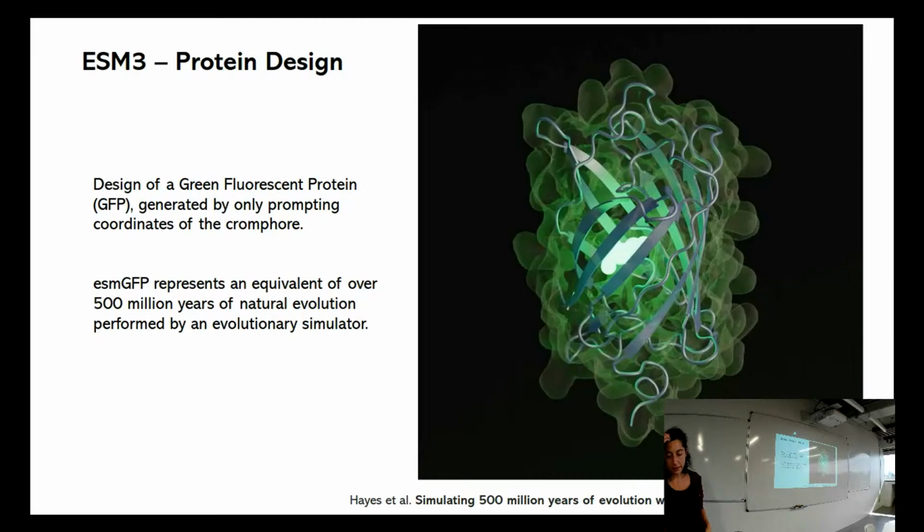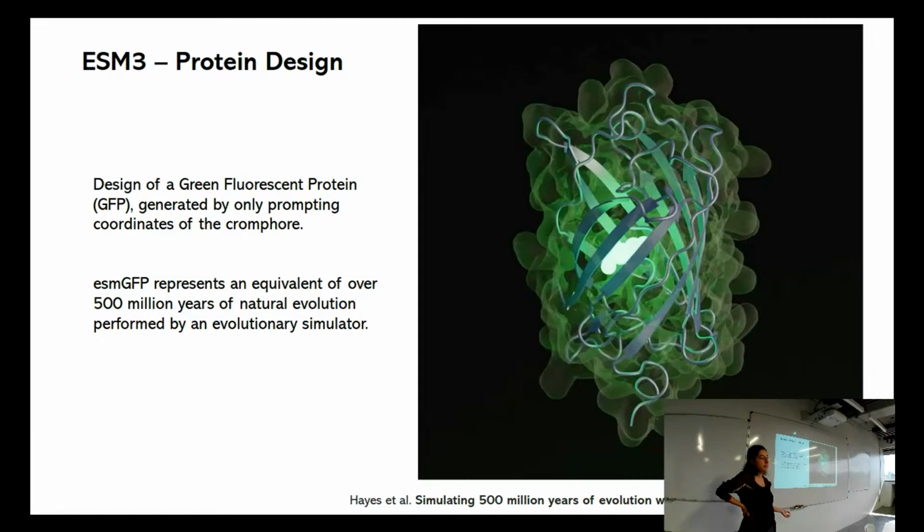And the cool thing is that the guys that invented this model founded a startup. Of course they want to sell it, but I think they sell it in a very nice way. They show that green fluorescent proteins, which emit light, are very much studied.